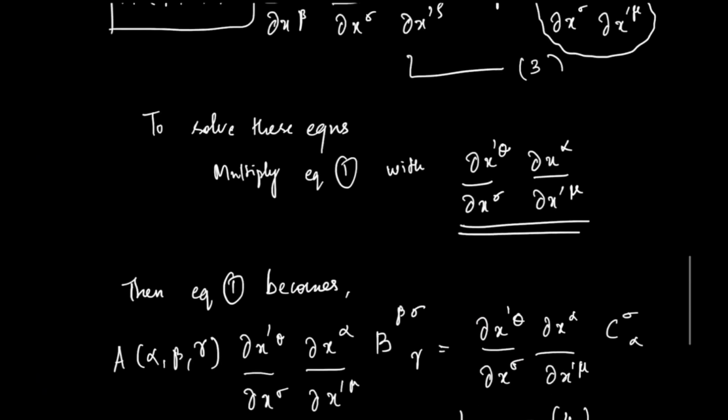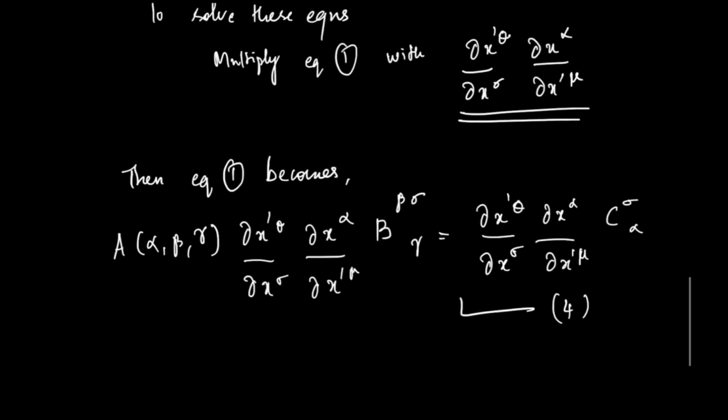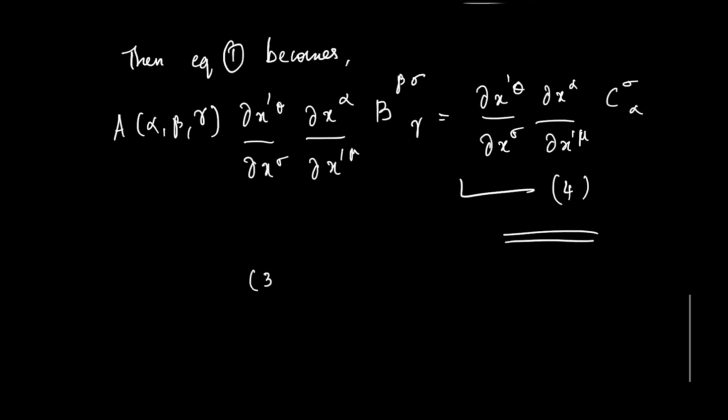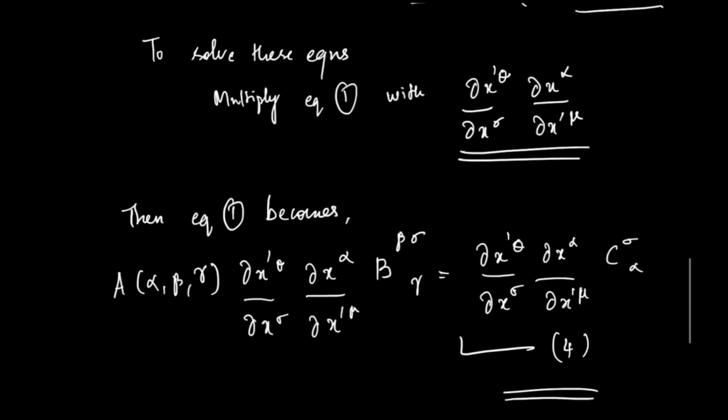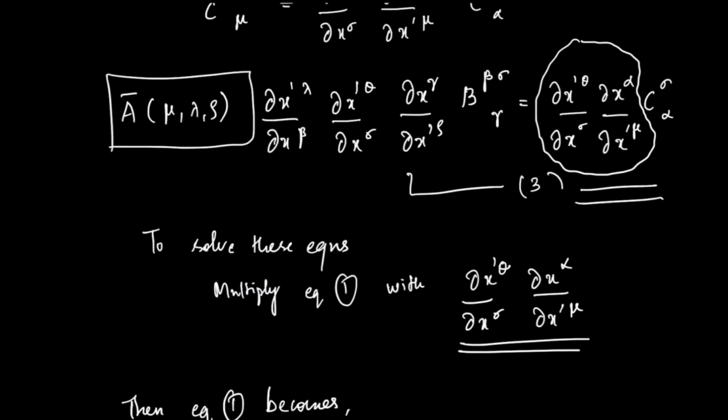If you see equation 3 and equation 4, the right hand sides are the same. So I'm going to subtract equation 3 minus equation 4. The right hand side will become 0 because the same quantity is there, right?